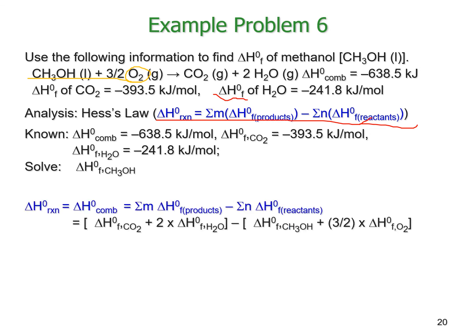So what we are going to do here is break these terms down with our equation. We've got the two products. Carbon dioxide has a coefficient of 1, so that is 1 times the standard heat of formation of carbon dioxide, plus the coefficient of water, which is 2, so we have a 2 here multiplied by the standard heat of formation of water.